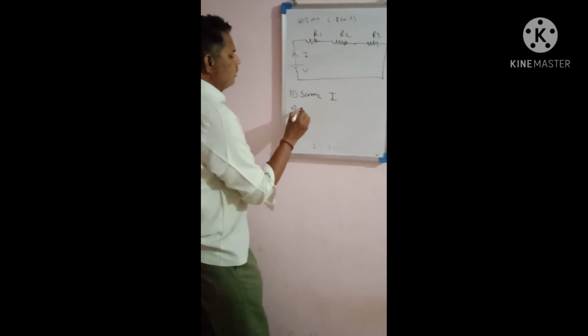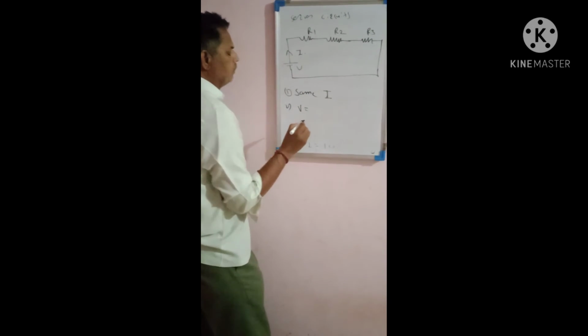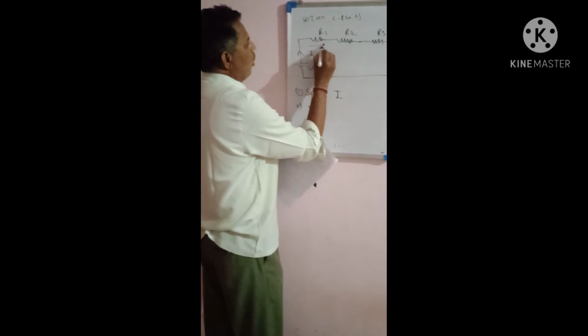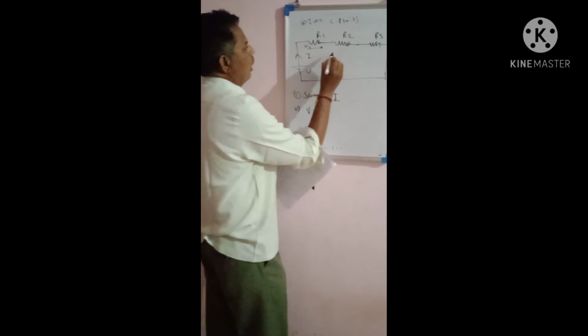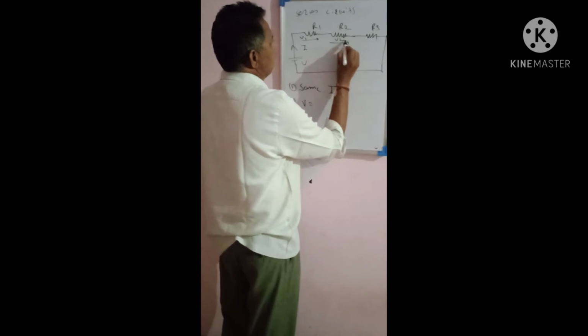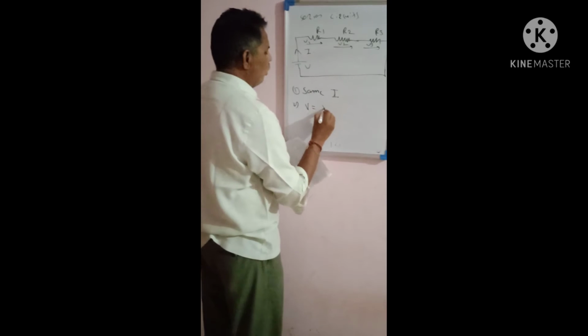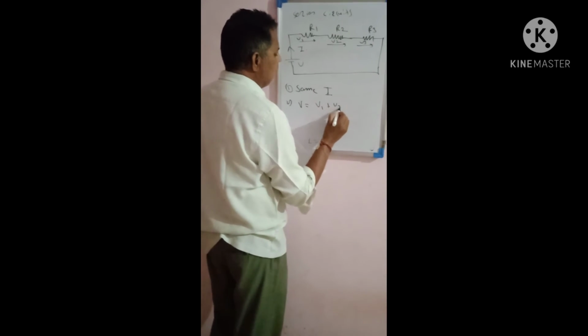The supply voltage V is the sum of the voltage drops across each resistance.